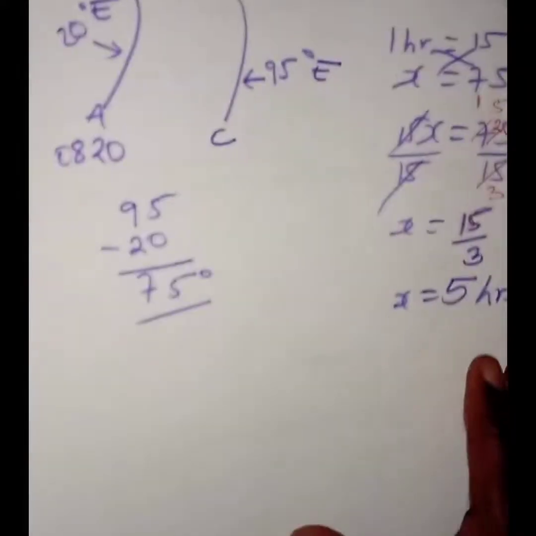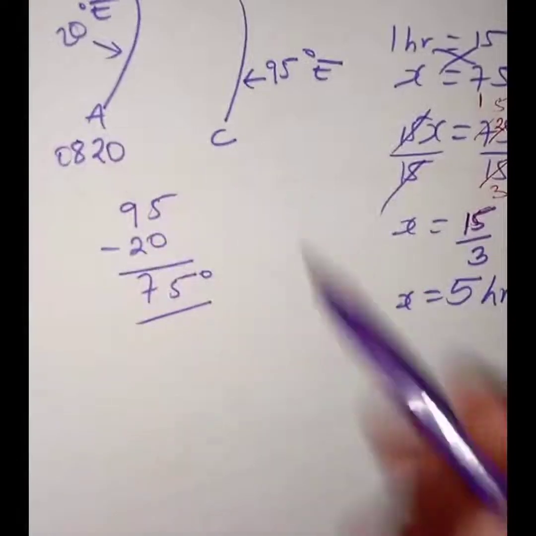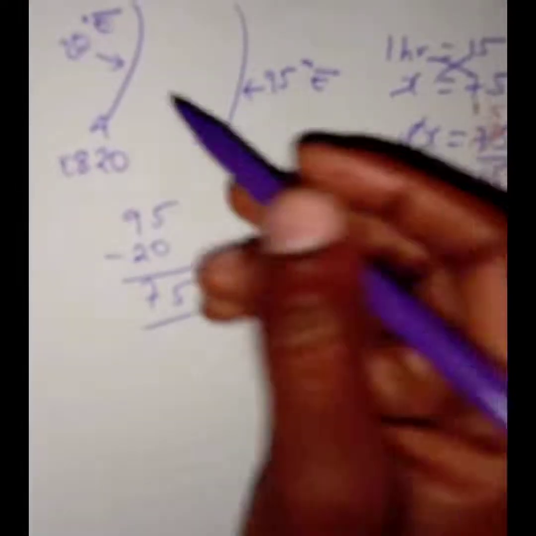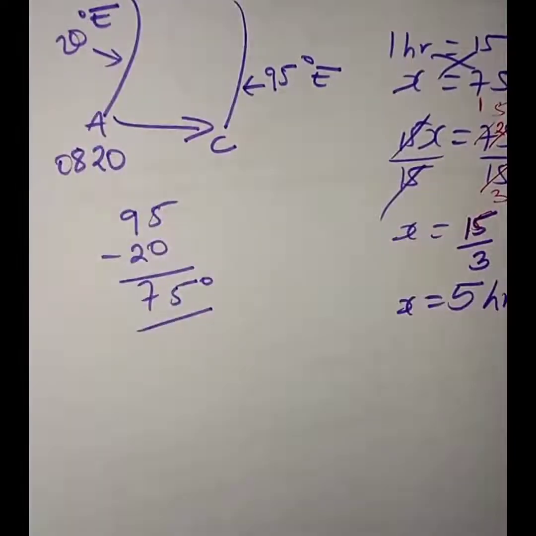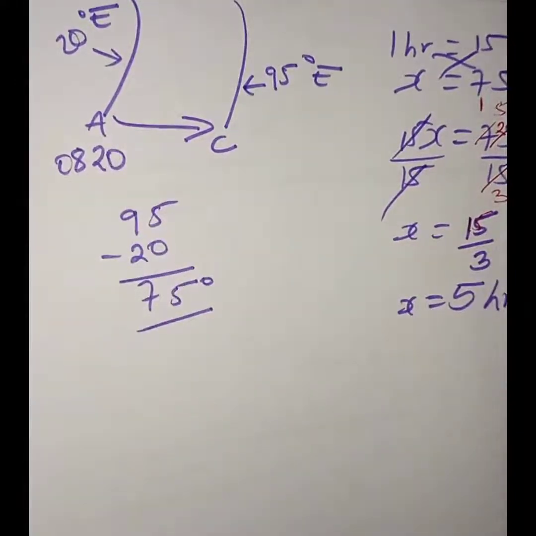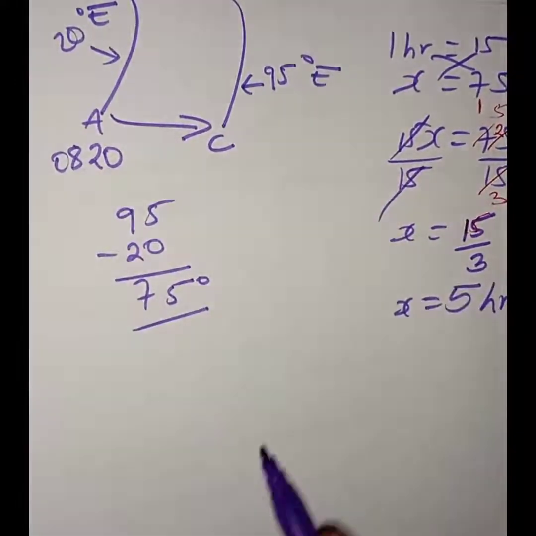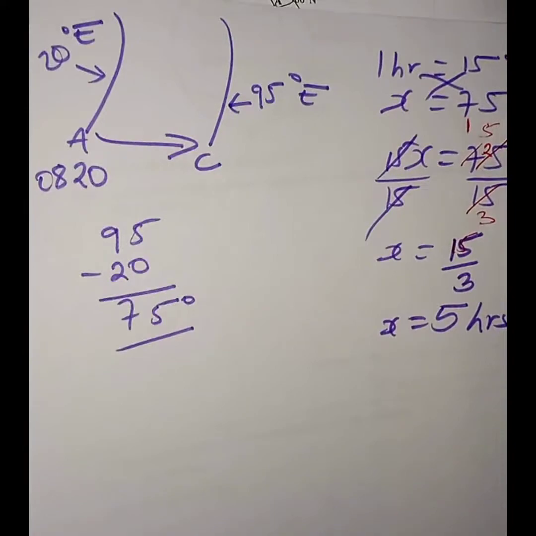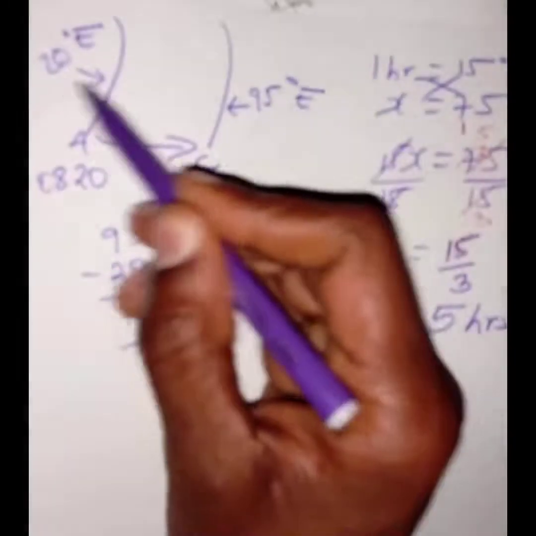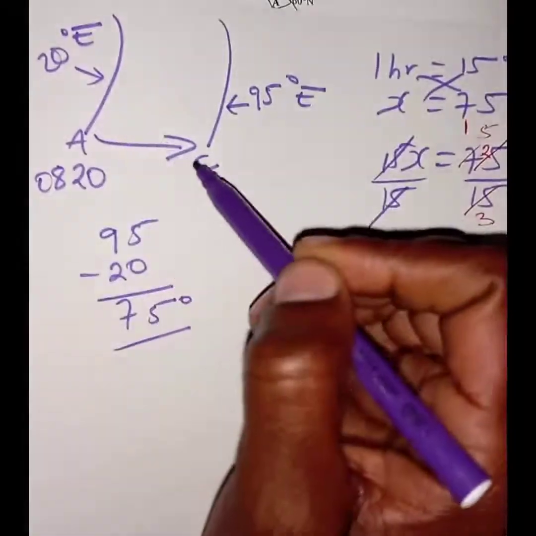Now they want us to find the time at C. As you can see, we are going towards the east because the time at A was given. When going towards the east, we need to add time because time will be gained. If we were going towards the west, time would be lost and we subtract.